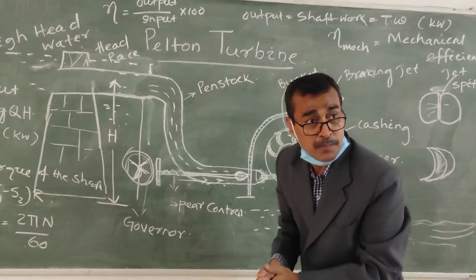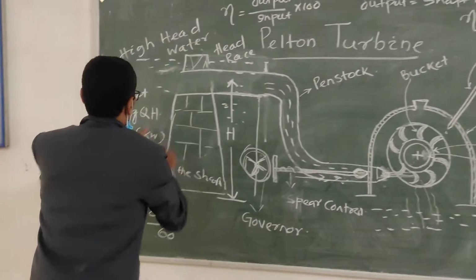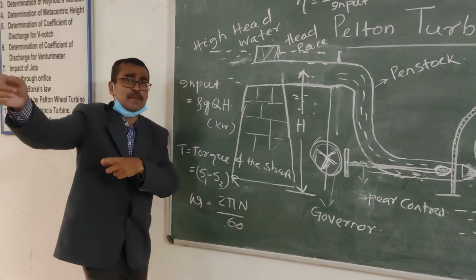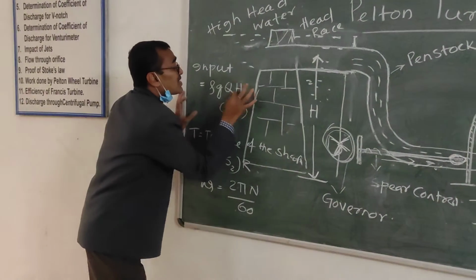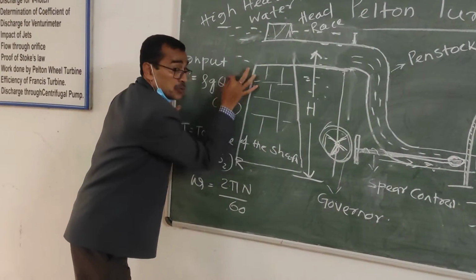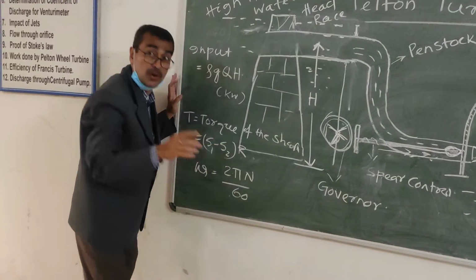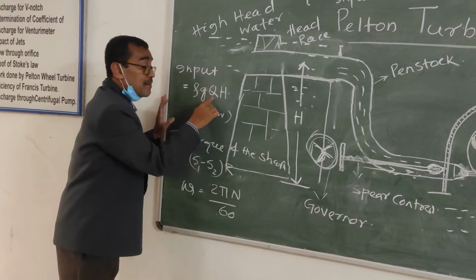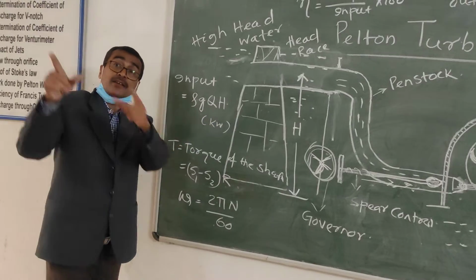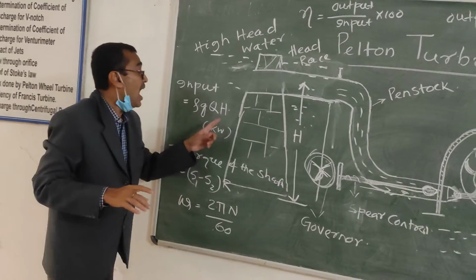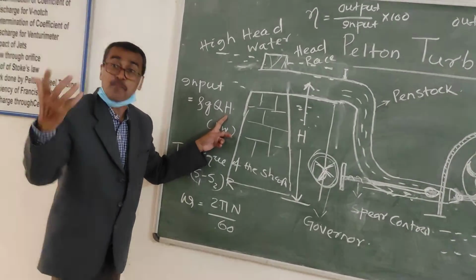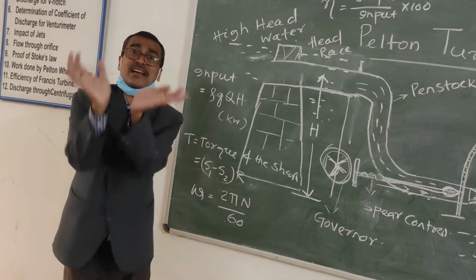And what will be the input? Here this is a dam, but in the experiment there is no dam. But this H can be found out, and this Q can be found out by the measuring instrument. I have already told that Q can be measured by the use of a Venturi meter, and the head that is generated by the pump can be found out by a pressure gauge.